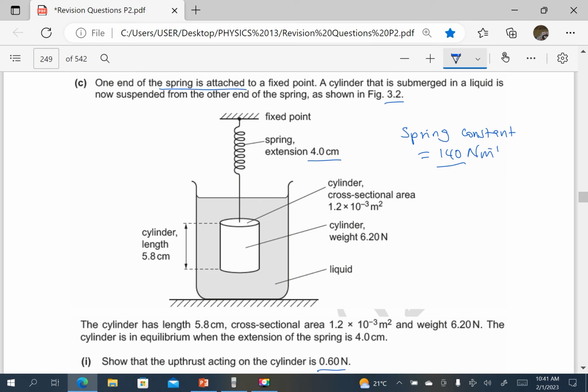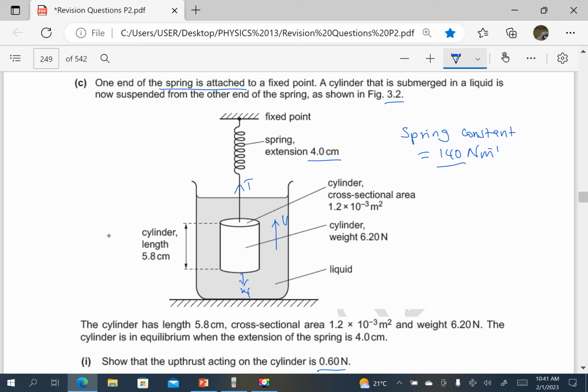First of all, let's see the forces acting on the cylinder. One, there is a weight acting vertically downwards. Two, there is upthrust, which I'm going to call U, upwards. And there must be tension in this spring, or the force exerted by the cylinder on the spring.